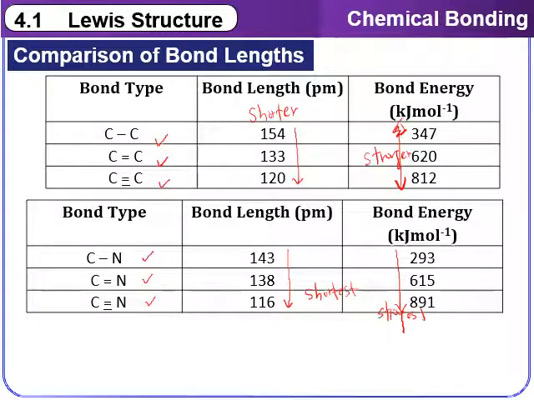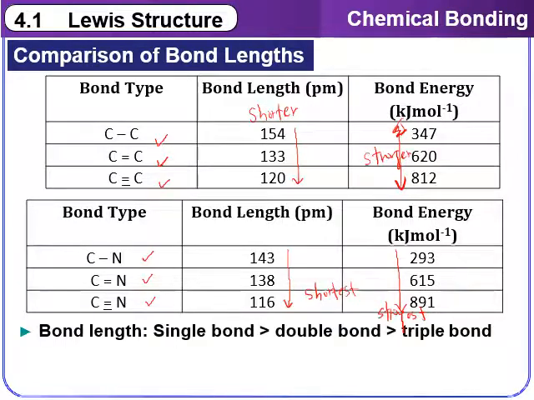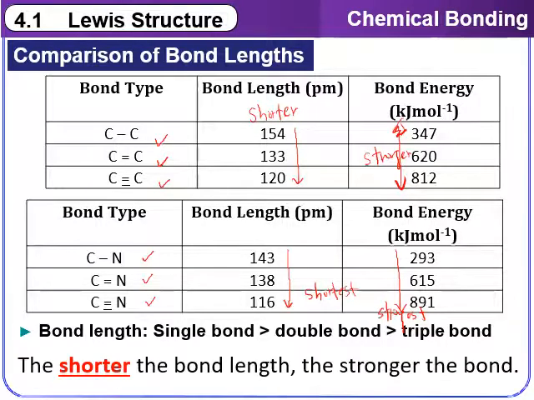So based on these two sets of data and also the definition in the previous slide, we can conclude that the bond length for a single bond is always the longest, while the shorter the bond length, the stronger the bond.